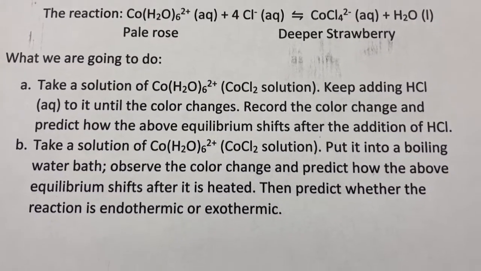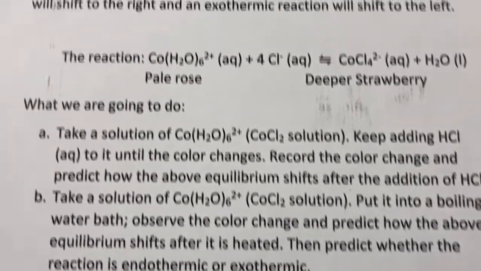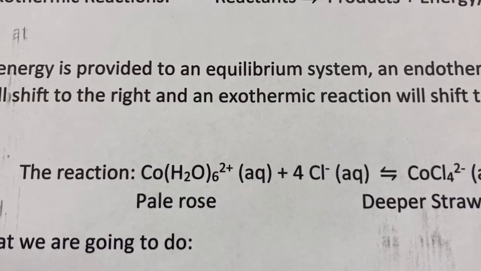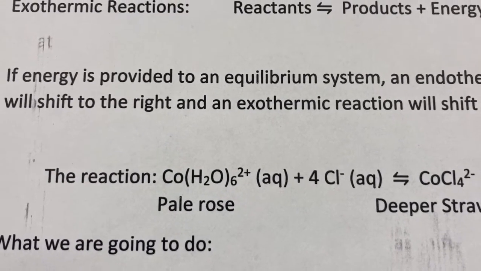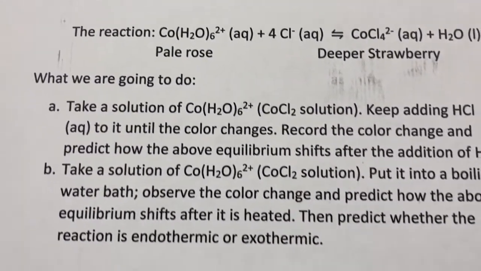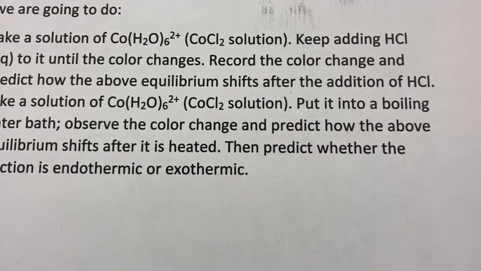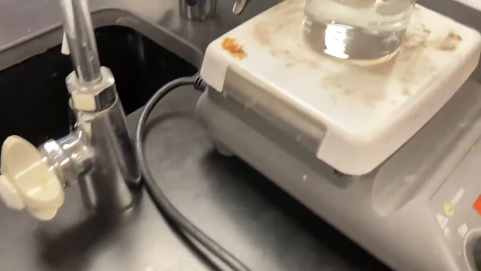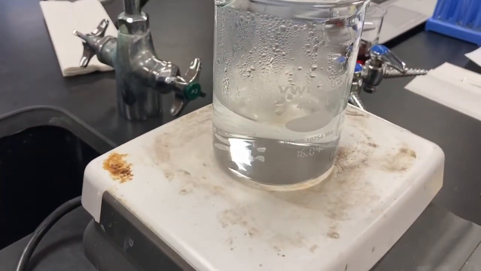Okay, we're going to do a second experiment, again to the original pale rose colored cobalt water complex solution. We're going to put it into a boiling water bath. I have a boiling water bath set up already.